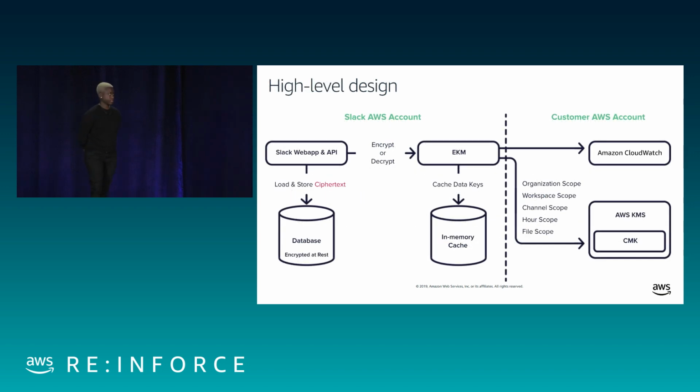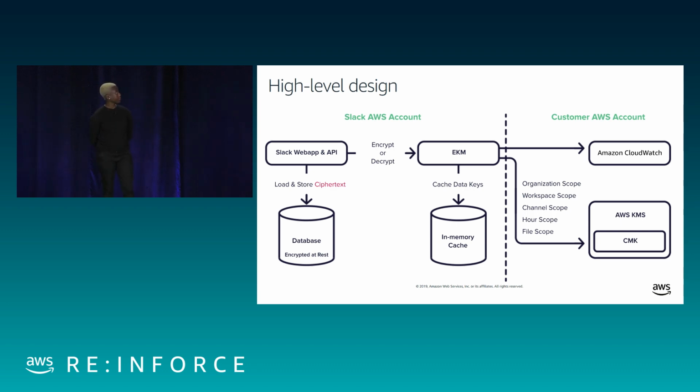If you were to take a 10,000, 20,000 foot view of what Slack EKM looks like in that architecture, this is something that you would see. On the left side, that's the Slack Amazon AWS accounts. And on the right side is a customer AWS account. You can tell that it's completely separate.